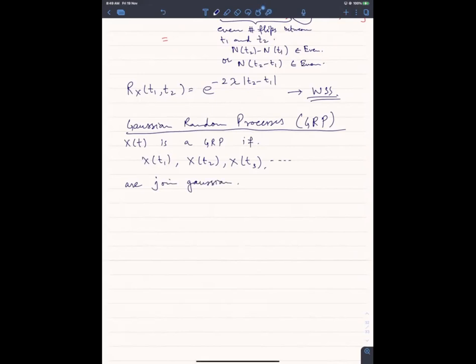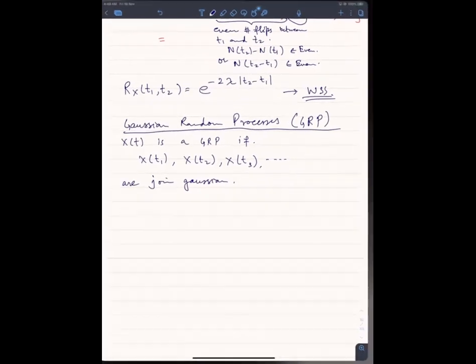Jointly Gaussian means that they take a specific form for the joint probability density function. We have a couple of examples in the notes.